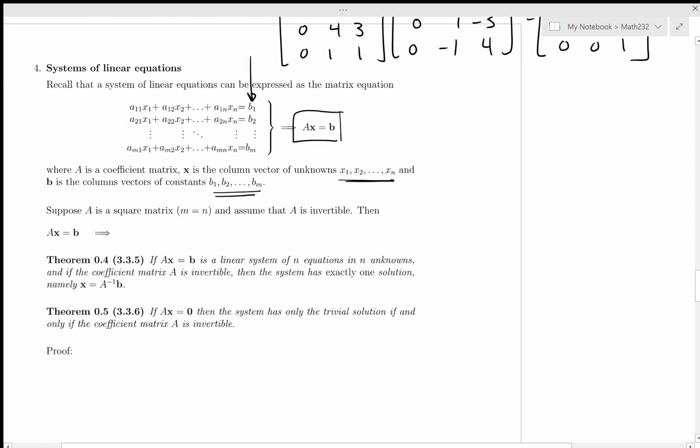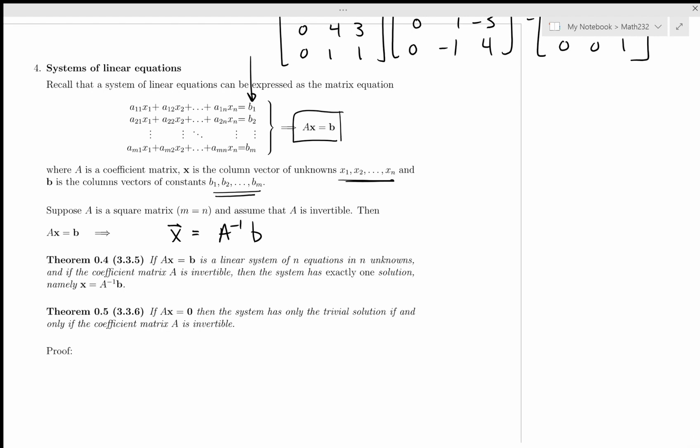Okay, now I could take this equation Ax equals b, and then immediately write down that x is A to the minus 1 b. I just multiply on the left both sides by A to the minus 1.